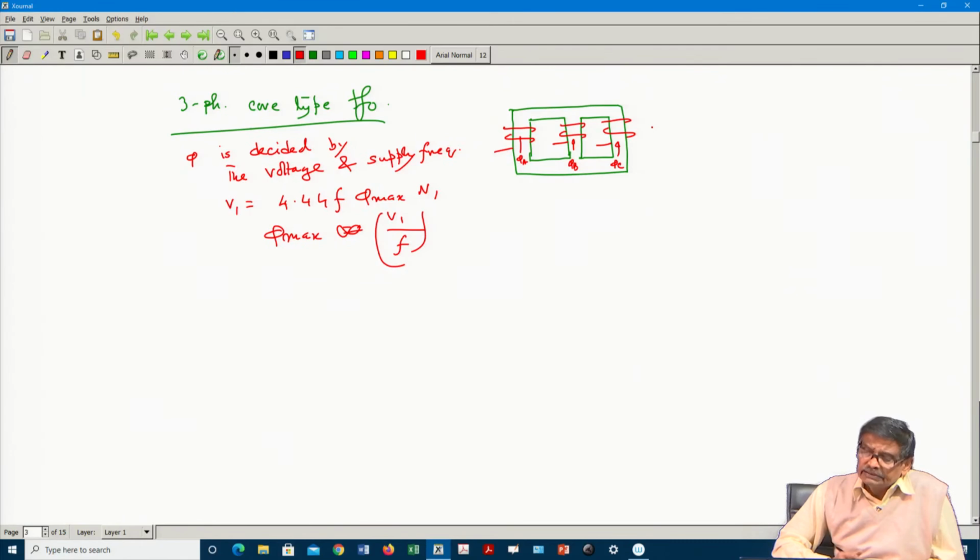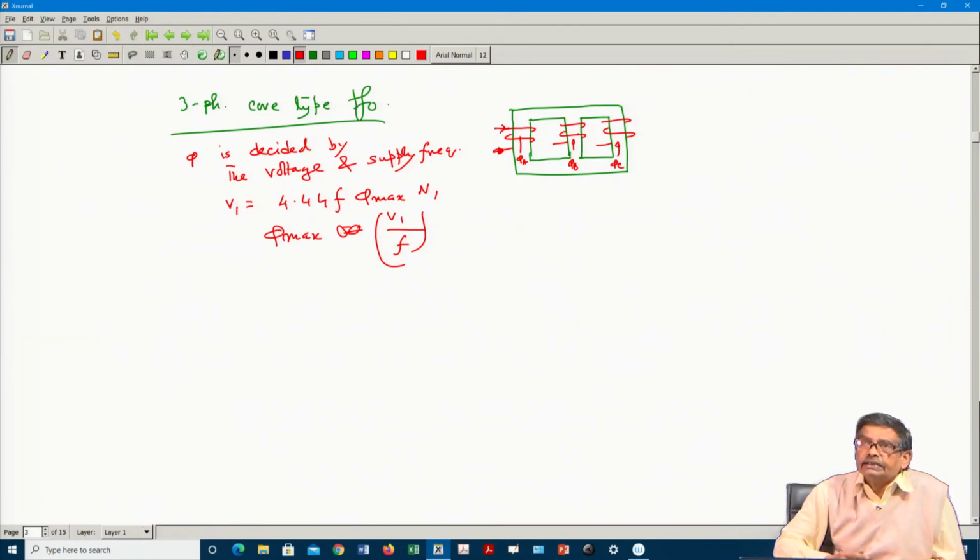Now, the maximum value of the flux is decided by V1 by f for each one of them. The magnetizing current needed to establish this flux, as I told you, you have to find from the BH curve of the transformer for this phi.